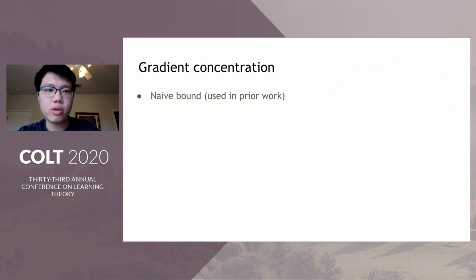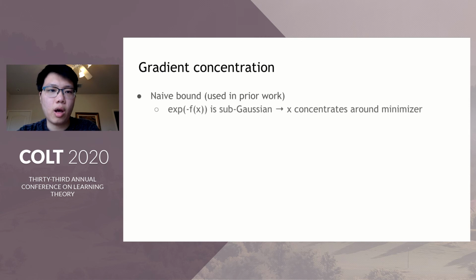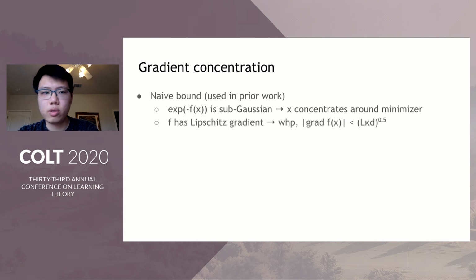So let's see what was known. In prior work, the fact that e to the minus f of x is sub-Gaussian was used to show that the gradient concentrates. Specifically, because x concentrates around the minimizer, and f has a Lipschitz gradient, these two bounds combine to show that the norm of the gradient is with high probability bounded by roughly square root L kappa d. However, previous work also showed an improved mean bound.